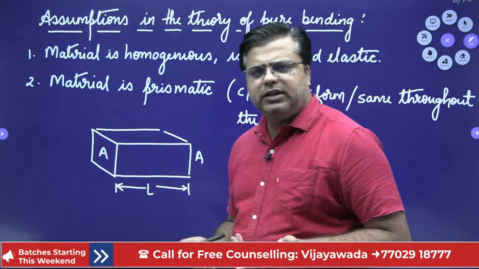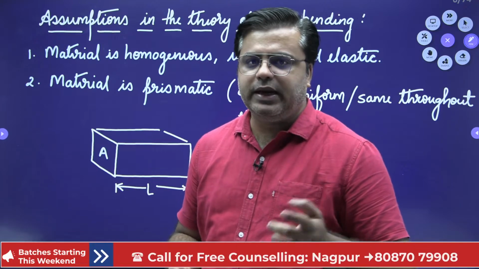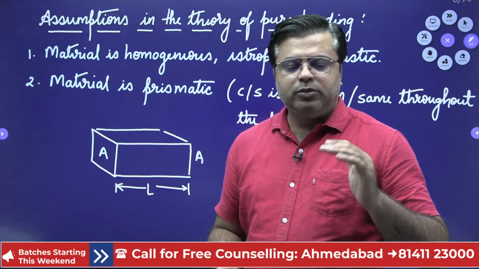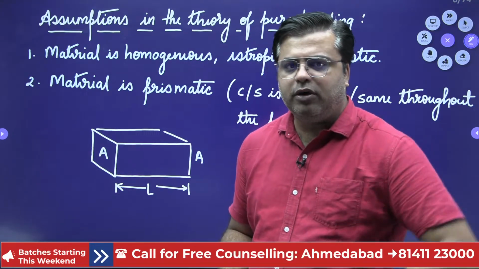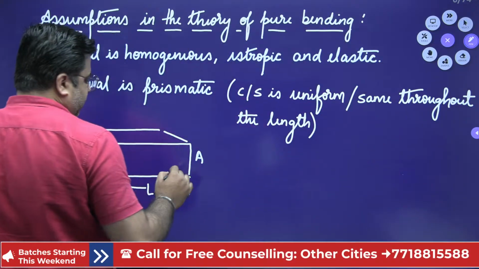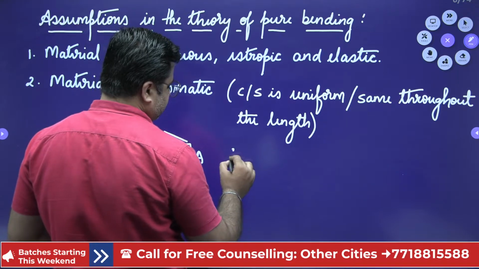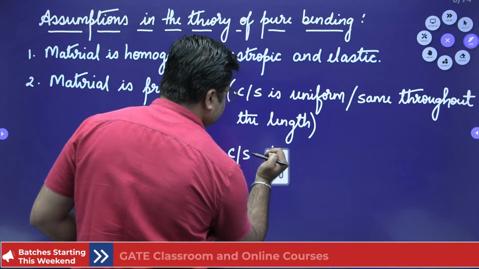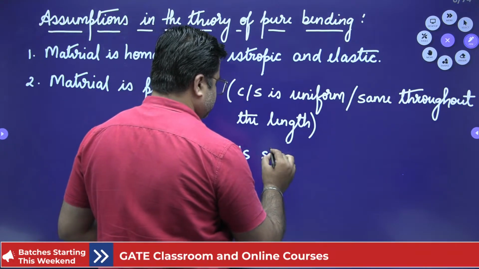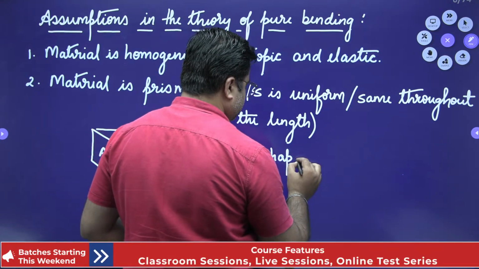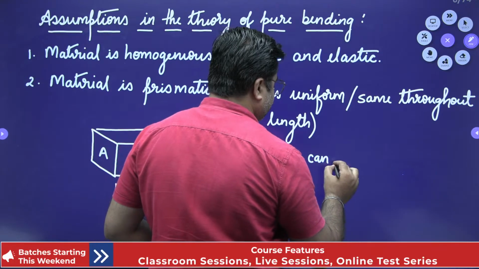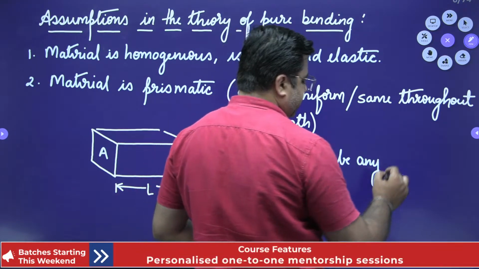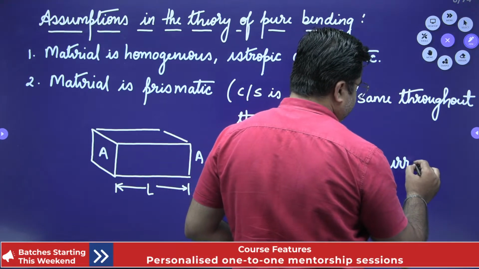That cross sectional shape can be anything. It can be square, it can be rectangle, it can be triangular, it can be anything. But it has to be prismatic throughout the entire length, right? So cross sectional shape can be anything, can be any irregular or regular shape.